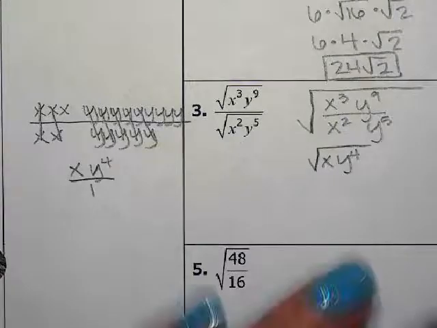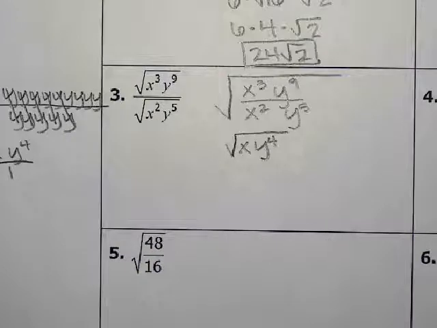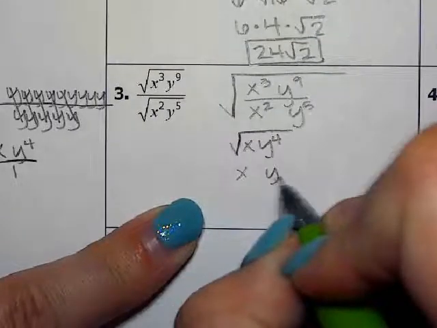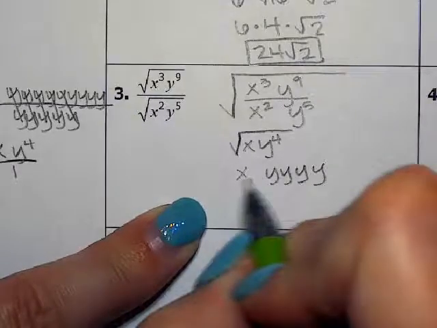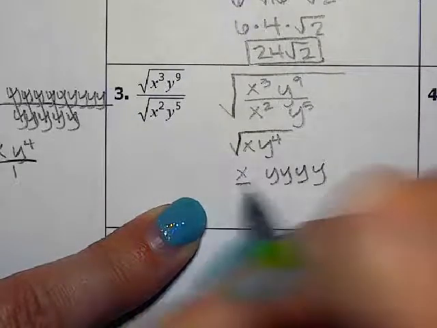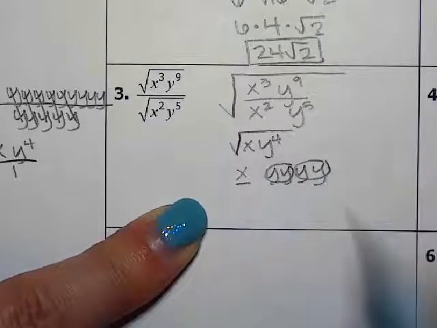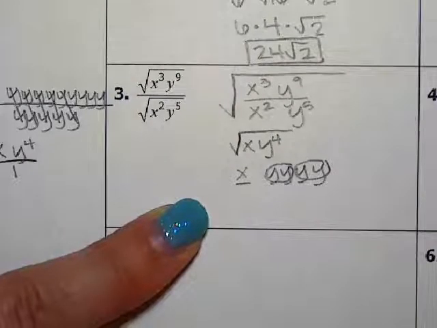Now at this point, we're transitioning over to one of the problems like yesterday. So now I can say, okay, I've got an x, I've got a y to the 4th. It's a square root, so I'm looking at my pairs. I'm going to consider the x to be a leftover. I've got a pair and a pair. So the leftovers go inside the radical, the pairs go in front of the radical.